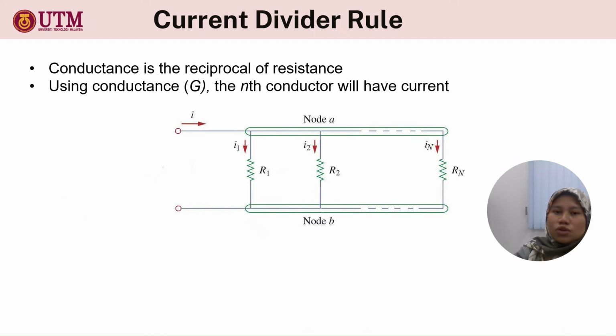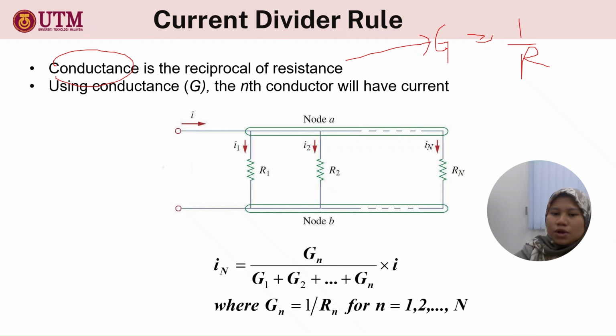Then you can also use the conductance. What is conductance? Conductance is the reciprocal of resistance. G is equal to 1 over R. So if you want to find the current through Rn, you take the G of that branch, divide by all the G and multiply with the current source.